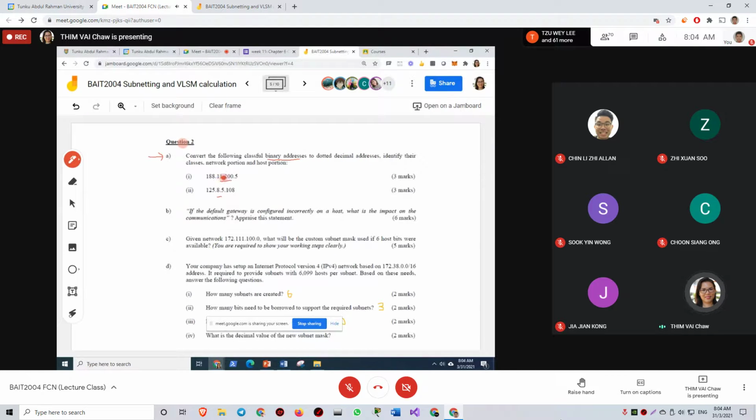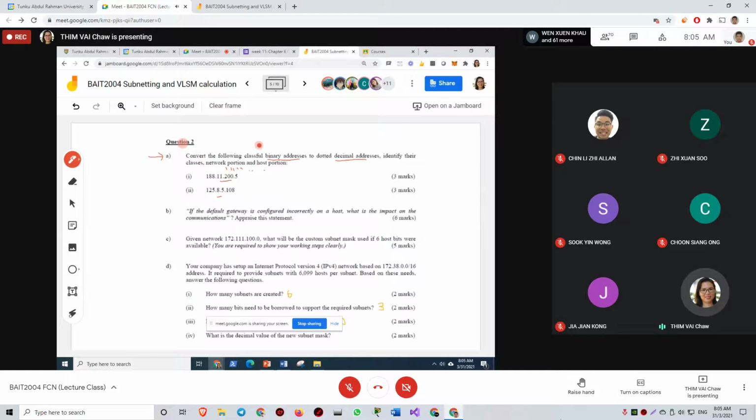It means that this question should give you a binary number, some 1111 something. Then from the number there, you convert it into the decimal number. But I do not know why this question came out as a dot decimal number already. This is a dot decimal format for an IPv4 address. But we just focus on what he wants.